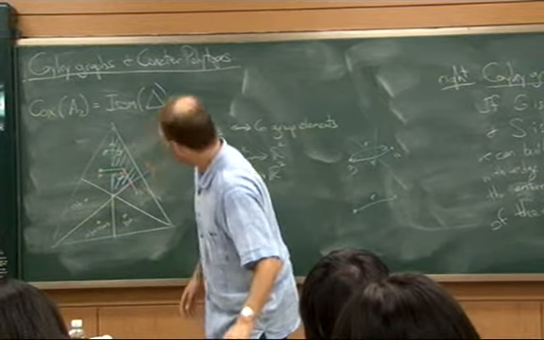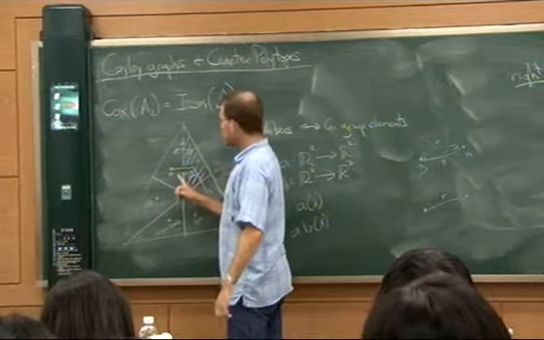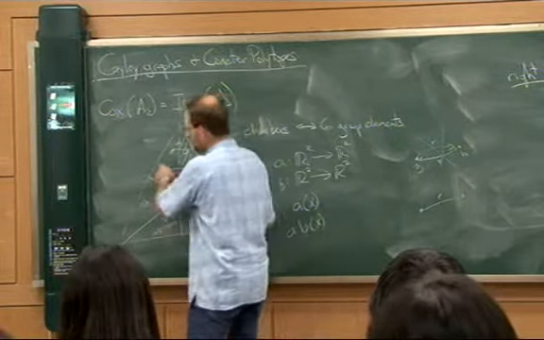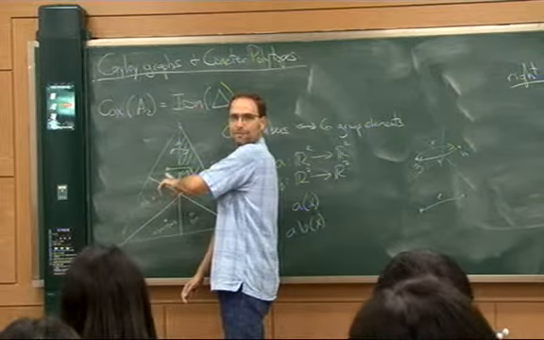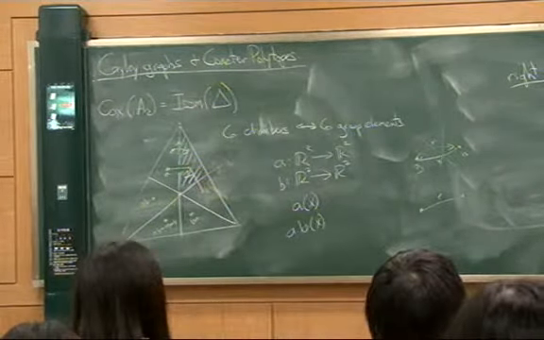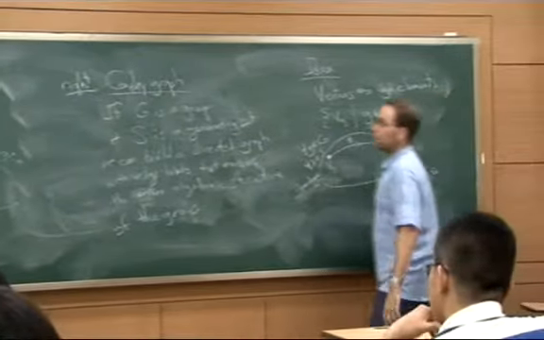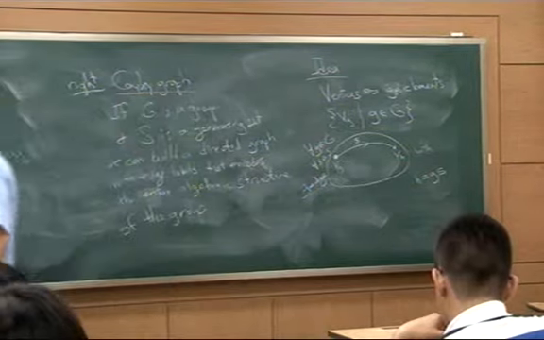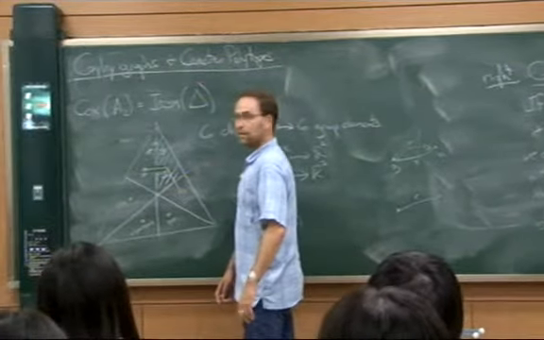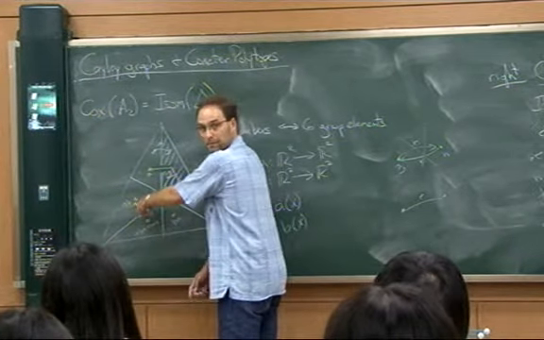So what happens when I stand at A and I look at the edge leaving? This is actually V sub A, right? So I'm at V sub A, and suppose I want to multiply it by B. Where should I end up? AB, right?